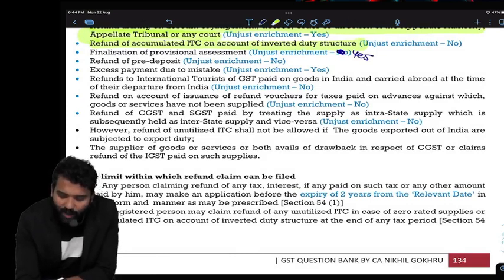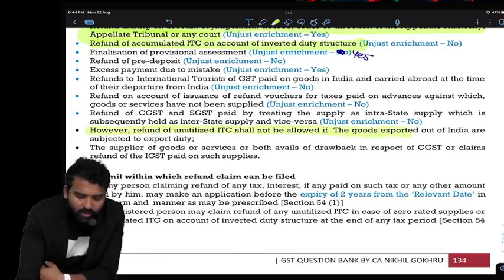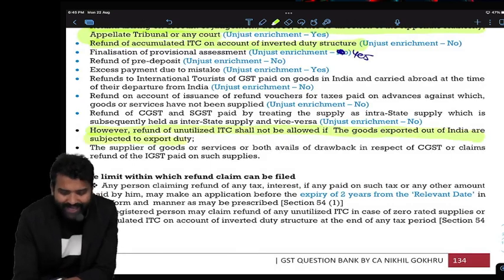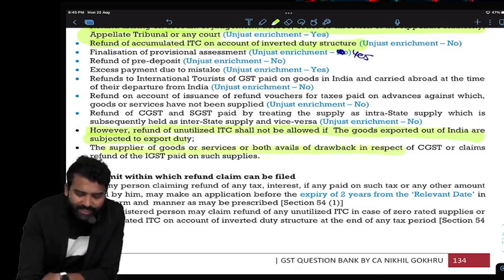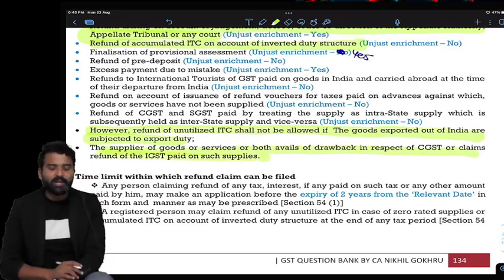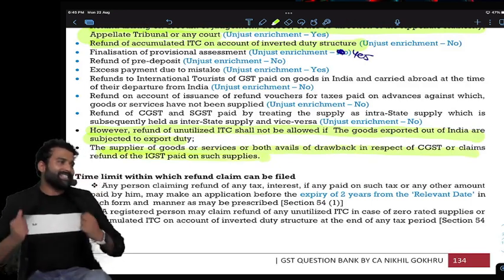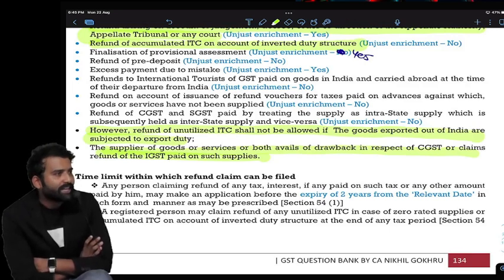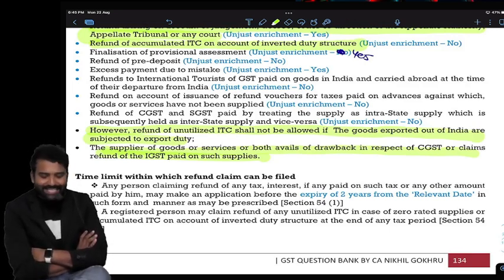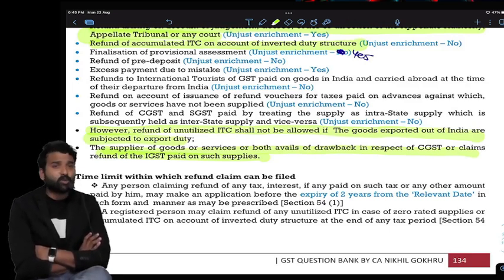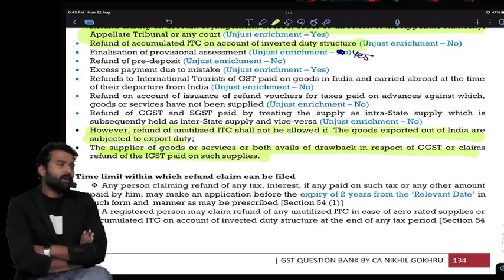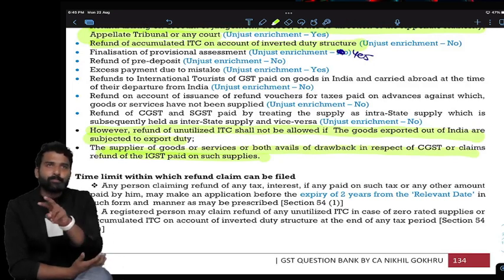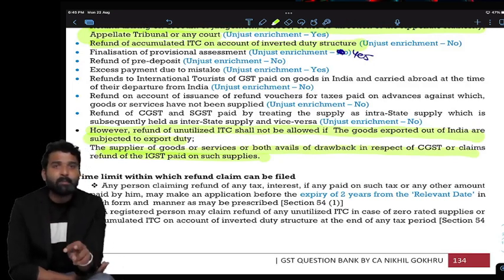What is given? However, refund of ITC shall not be allowed if the goods exported out of India are subject to export duty, or the supplier of the goods is availing the drawback. Then in that case, you are not allowed any refund of unutilized ITC. You cannot claim refund because you cannot claim the same amount twice.